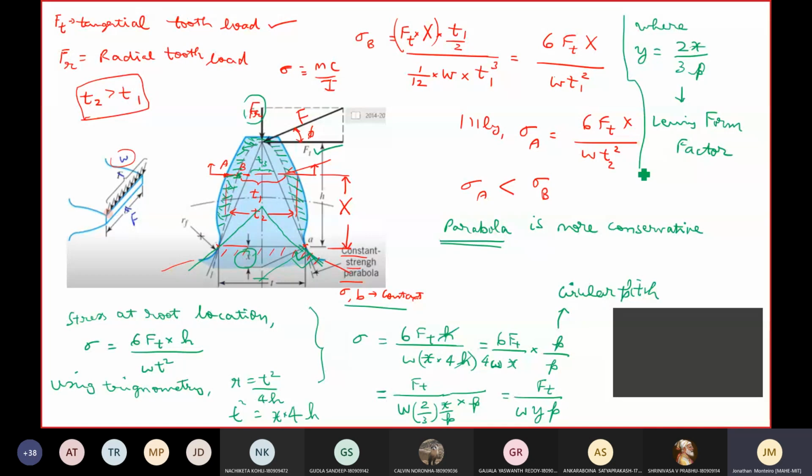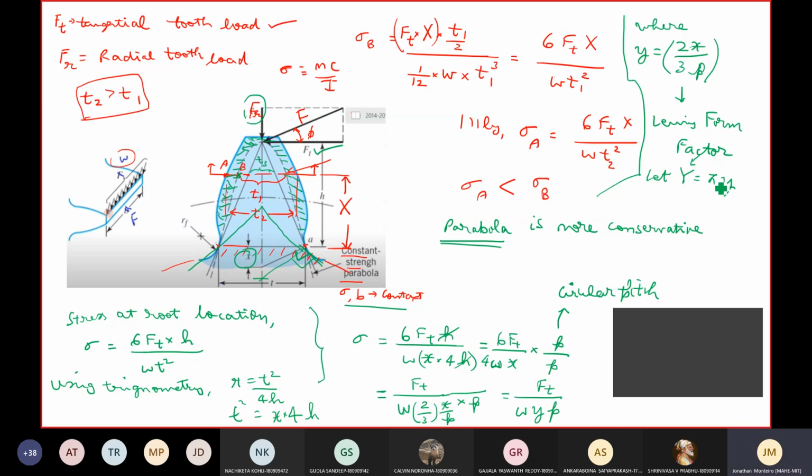Fine. Further, we can make one more change here. Since it is a constant for a given tooth, this will be a constant, 2x by 3p. Let us multiply this with one quantity. Let capital Y be equal to pi into y. It is still the Lewis form factor because you are multiplying just by pi, which is 3.14.